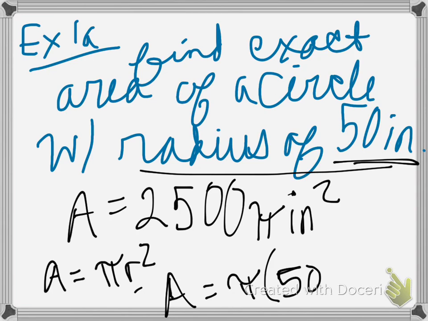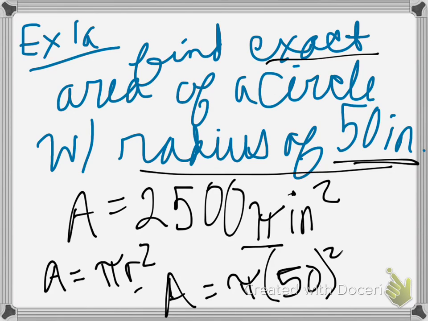So 50 squared, and you multiply that out. When you multiply out 50 squared, you get 2,500. And so you know area equals 2,500 pi inches squared, because we're finding an exact area again. So we leave it in terms of pi.